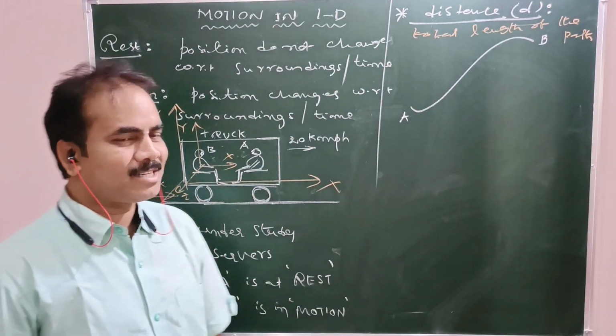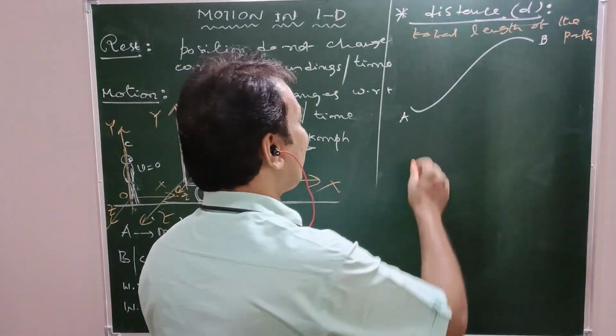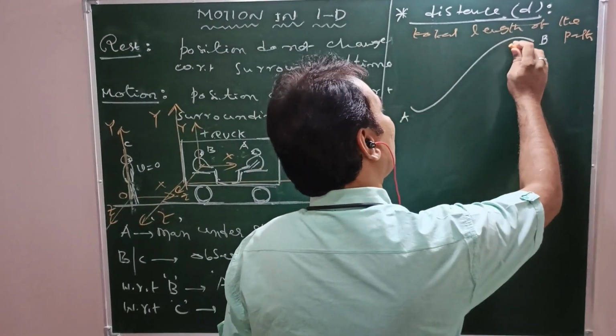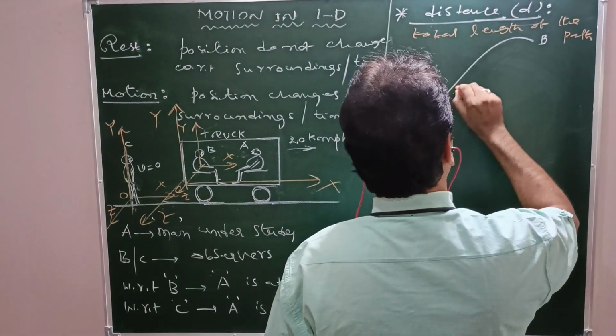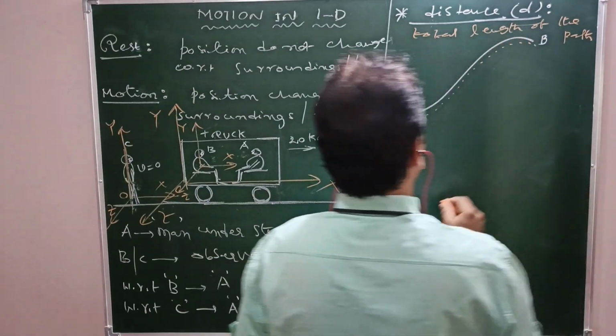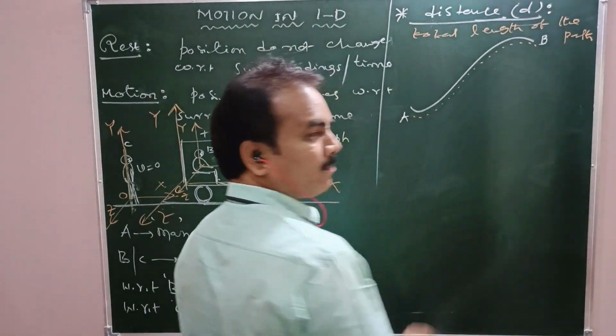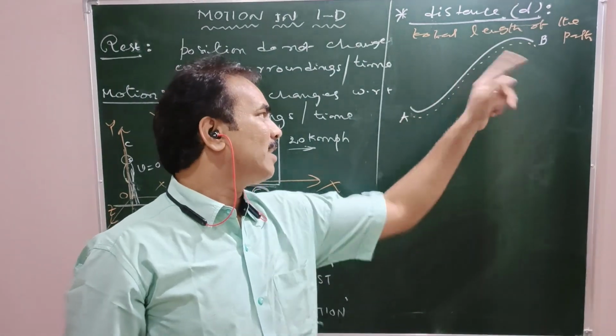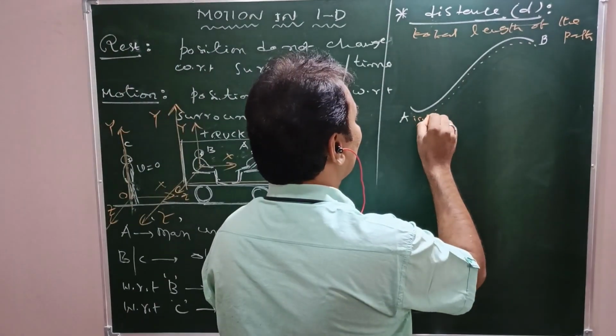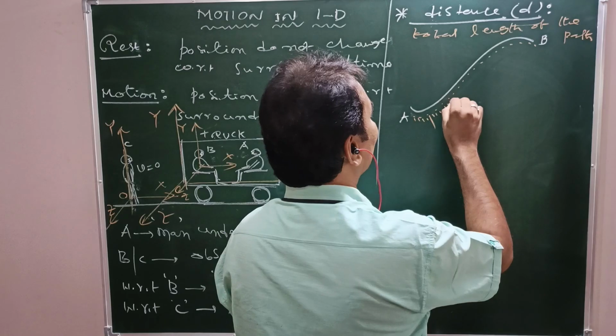How to measure distance? Take one tape and place it on the actual path followed, like that. Say this is one tape, and this is the scale.